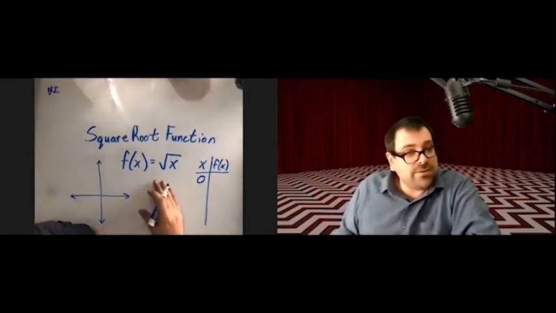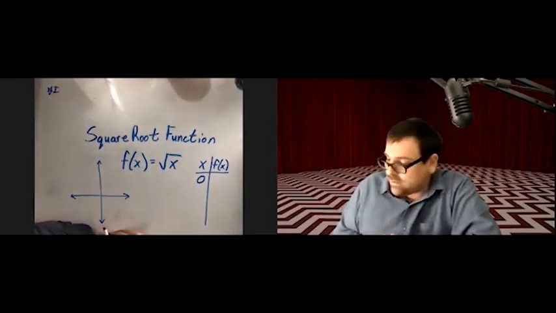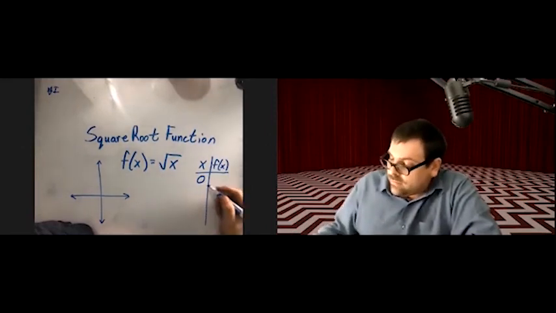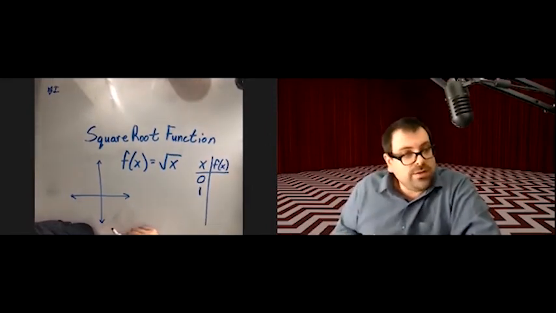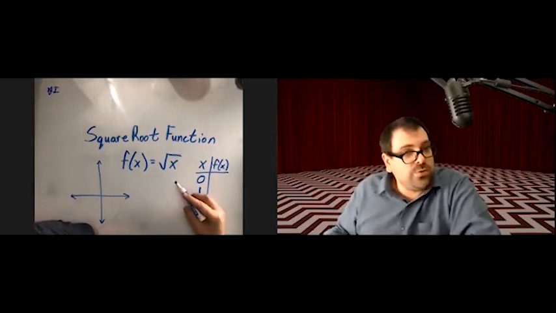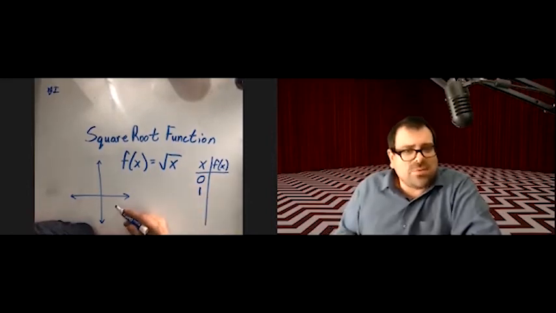I'm going to be creative about the things that I pick. I'm going to be smart. If I put 1, yeah, I can take the square root of 1. That's a good pick. But if I put 2 like I usually do, that's the square root of 2. That's not going to be nice to graph.